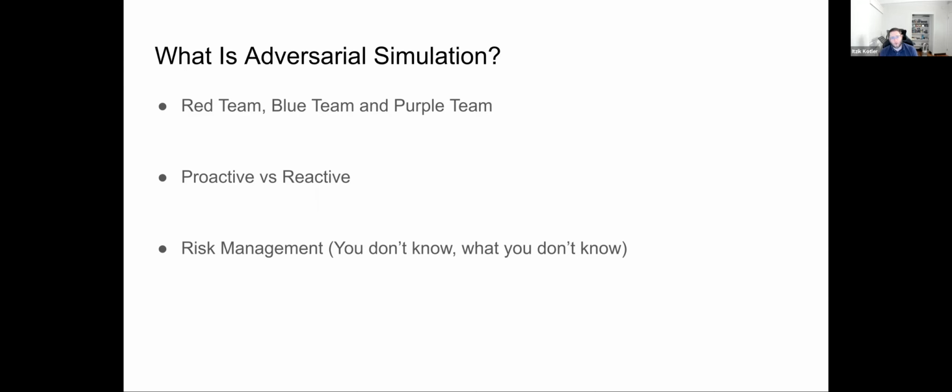The second thing I want to talk to you about with respect to adversarial simulation is the proactive versus reactive approach, right? So many aspects of information security are reactive in their nature. For instance, we install a firewall, and then we wait for that firewall to generate events. That way, we will know that the firewall has triggered, some of our rules have been triggered, and then we can go ahead and investigate.